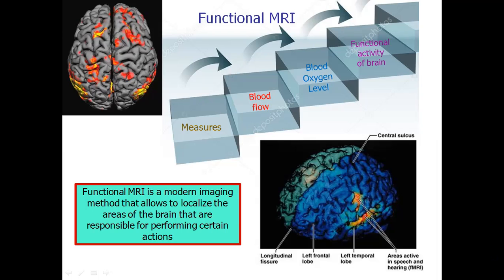In particular, functional MRI can reduce the risks of microsurgery by helping the surgeon to identify areas of the brain that perform critical functions such as speech, movement, perception, or planning, and to prevent damage to these regions during operation.